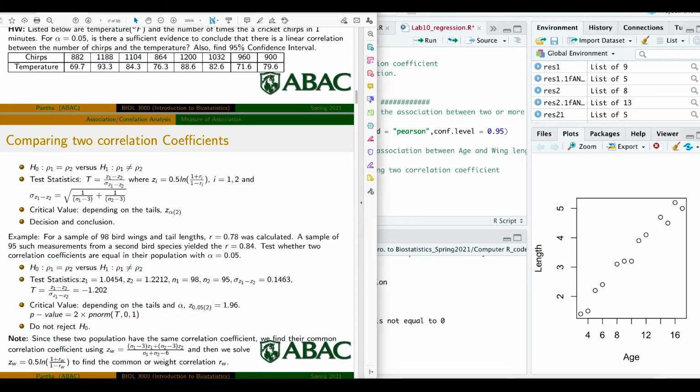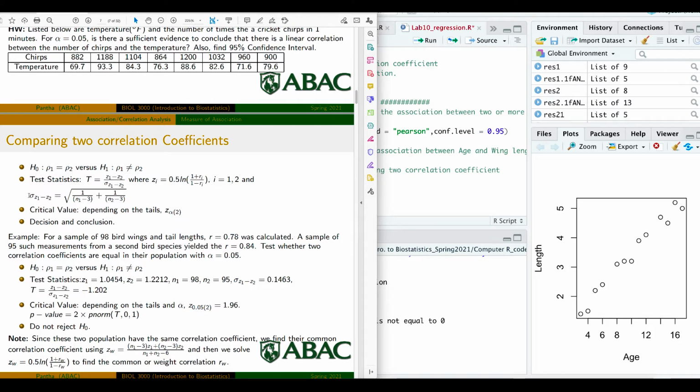The test statistic is T equals (G1 minus G2) over sigma sub (G1 minus G2), where G_i is 0.5 natural log of (1 plus R_i) over (1 minus R_i), and i equals 1 and 2.